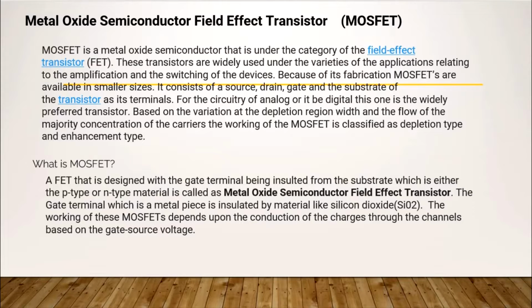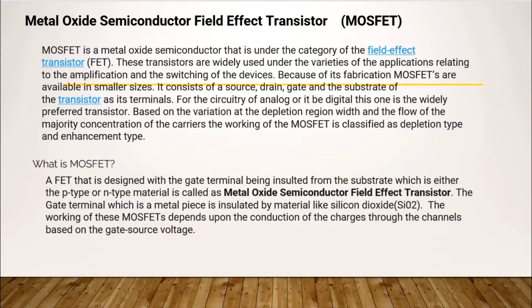For analog or digital applications, it is the widely preferred transistor based on the variation of the depletion region width and the flow of the majority concentrations of the carriers.